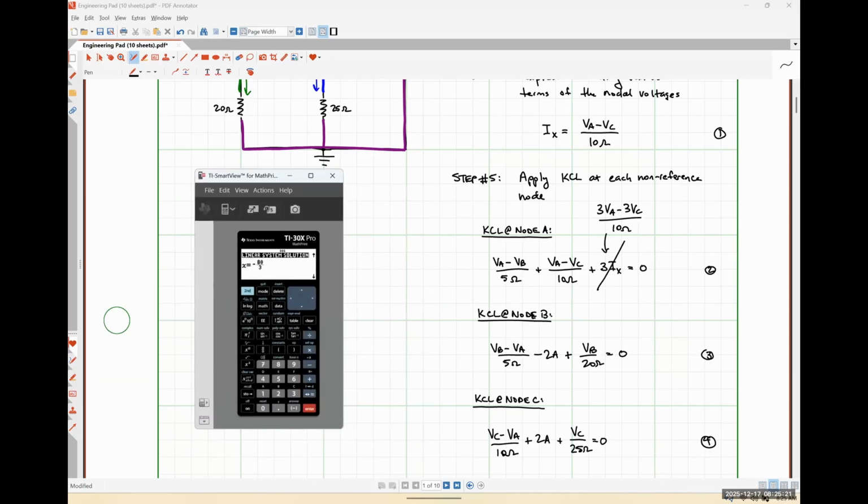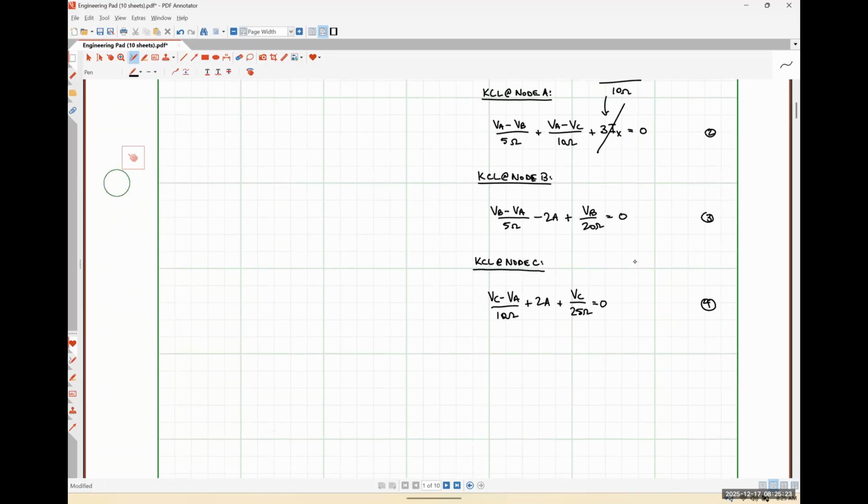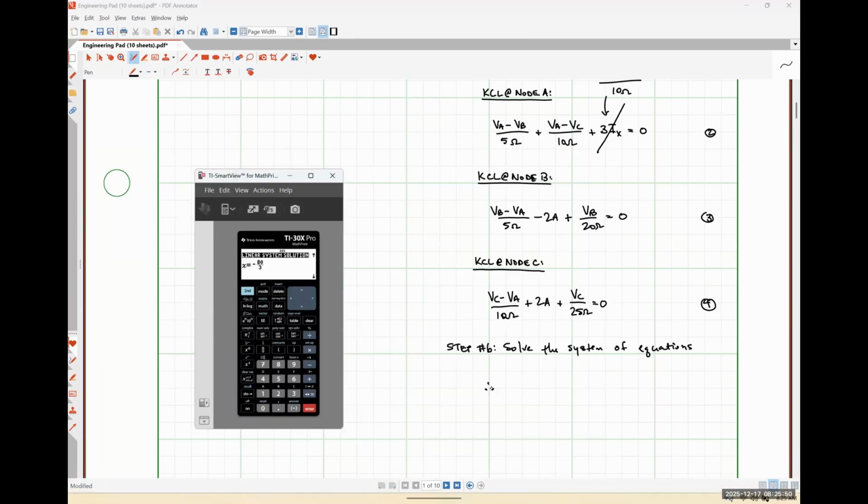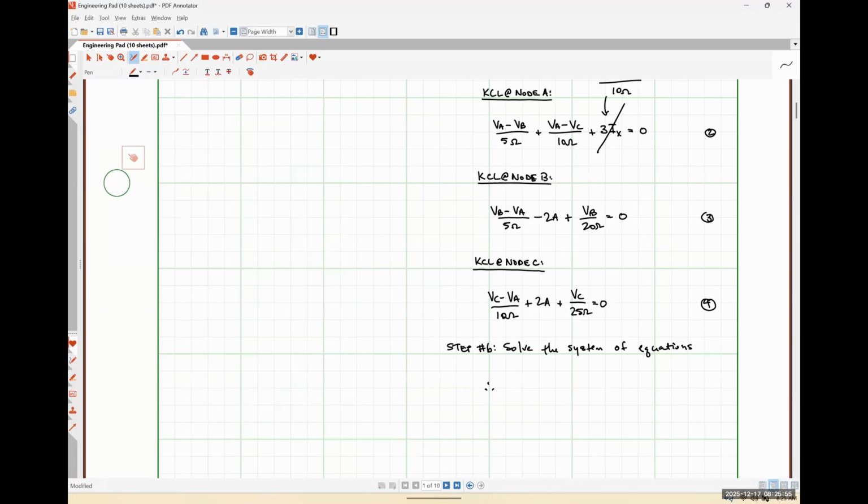And so I'm going to go ahead and down here write step 6, which is just to solve our system of equations. And according to my calculator here, VA is negative 80 over 3 volts.